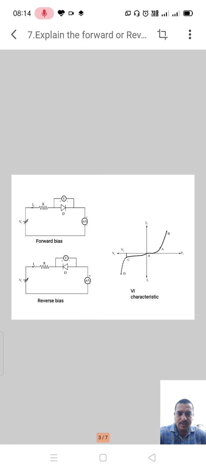These are the figures: forward bias connection, reverse bias connection, forward bias VI characteristics, and reverse bias VI characteristics. The graph shows the forward and reverse bias characteristics of the PN junction diode.